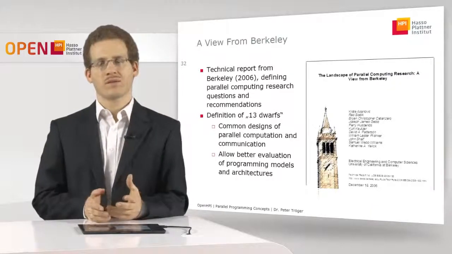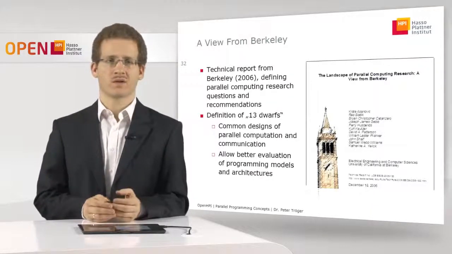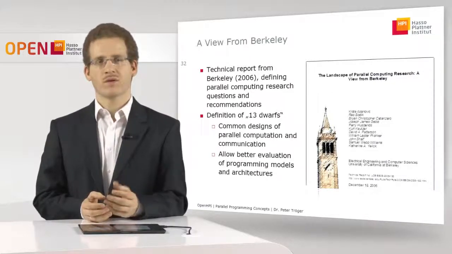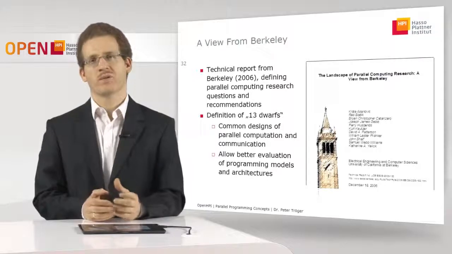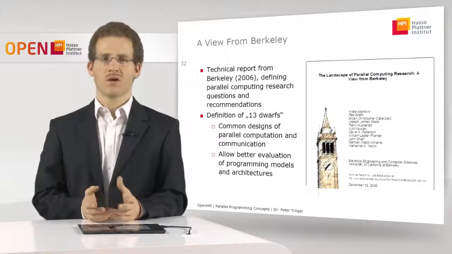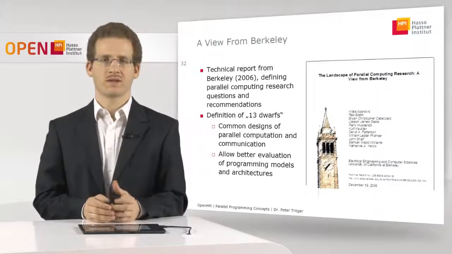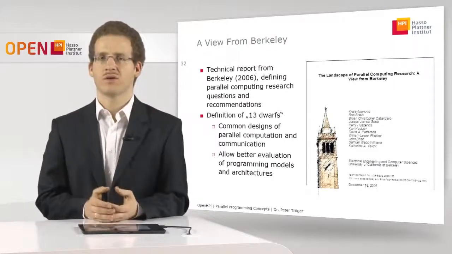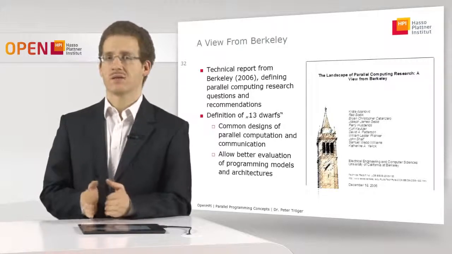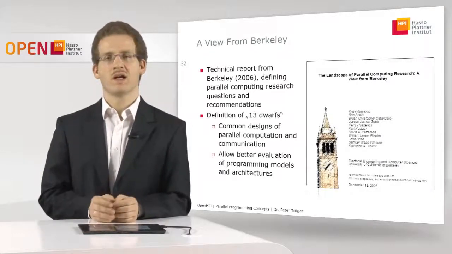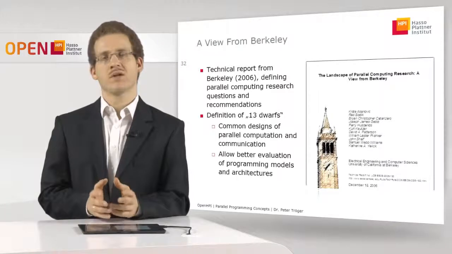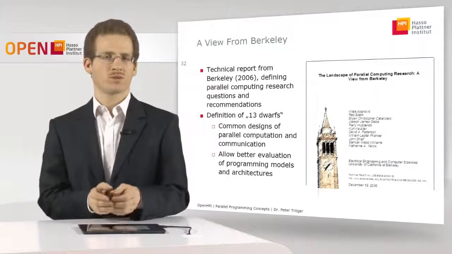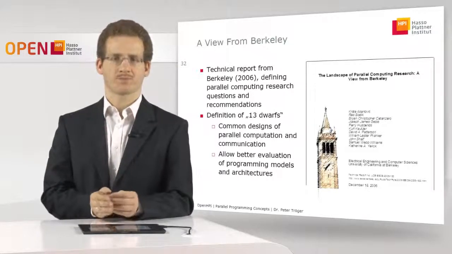And this technical report became quite famous because it defines the so-called dwarfs, which is 13 common designs of parallel computation and communication. So the authors here investigated, as in our example, a lot of benchmark suites and example codes. They also took their own decades-long experience in high-performance computing, and they were putting this all into an overall categorization of interesting computational problems for parallelization.